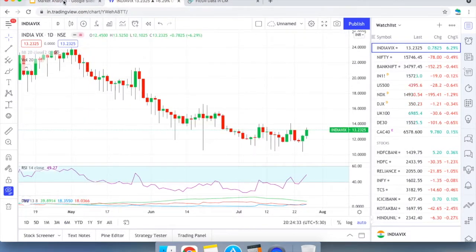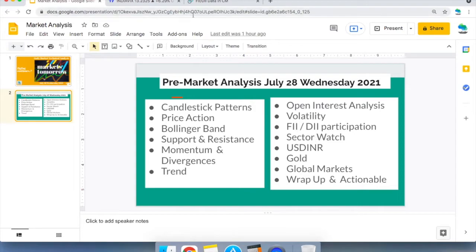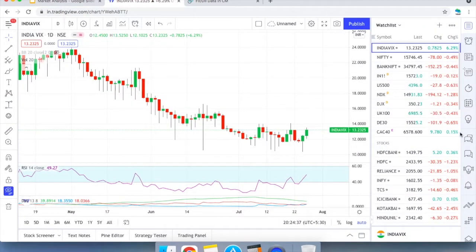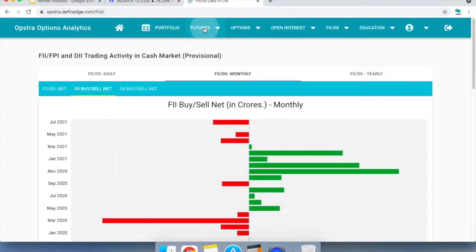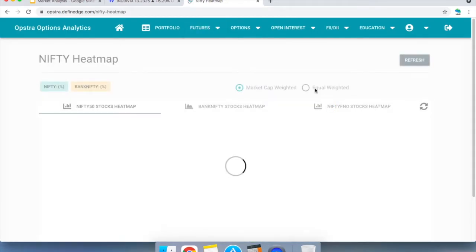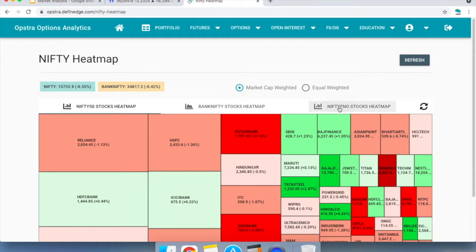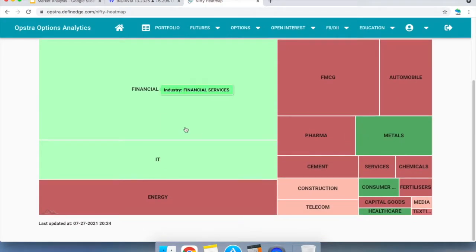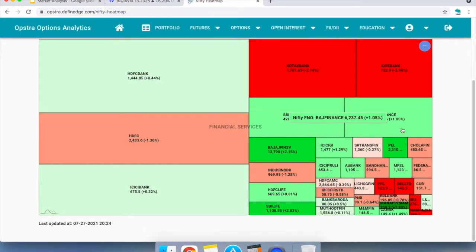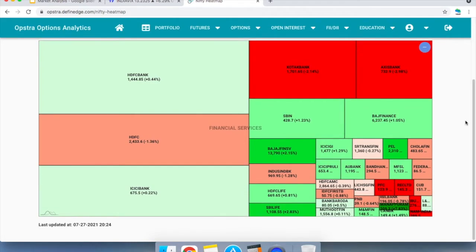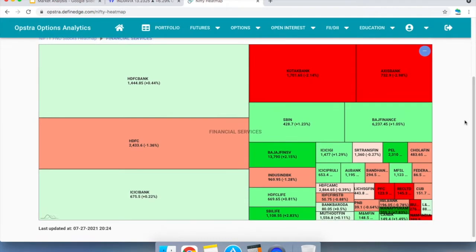So let's get back into what else do we see. Let's look at the different sectors, what happened. For that, we go to the heat map of the Nifty and see what happened today. So IT performed, and then some bank services performed. Which of them? It's only SBI and HDFC slightly, and ICICI Bank.